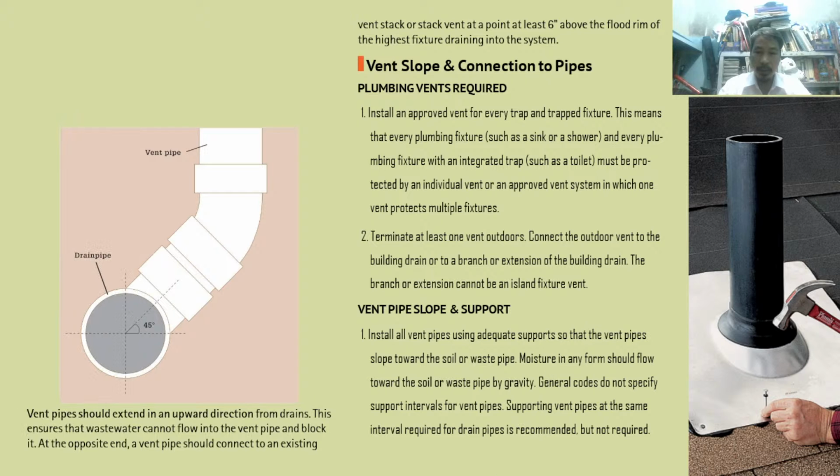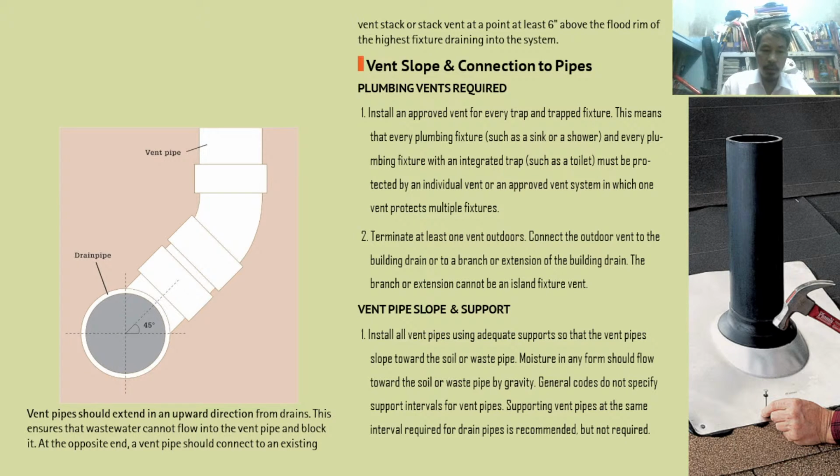So we cannot treat that as insignificant, because it is very important. For example, here we have vent pipes that should extend in an upward direction from the drains. This ensures that wastewater cannot flow into the vent pipe and block it.